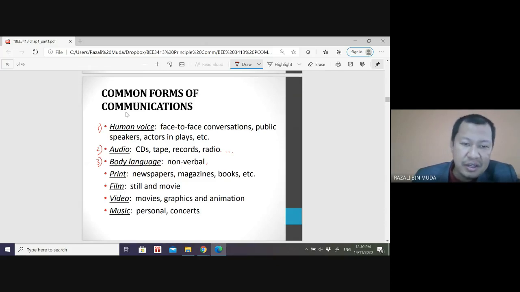Then number 4, printing: newspaper, magazine, book, etc. Film, video, music, and so on and so forth. Ada lagi? You can write, you can list on your own.